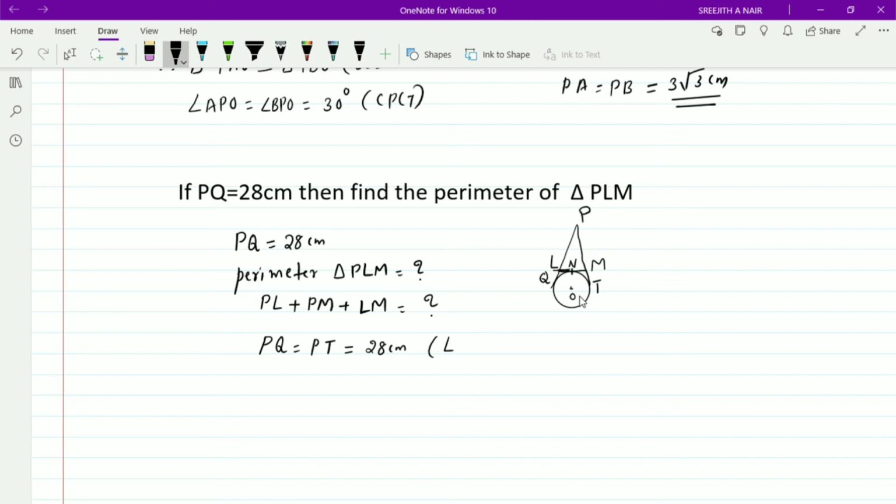As the reason you have to write: lengths of tangents from an external point to a circle are equal.